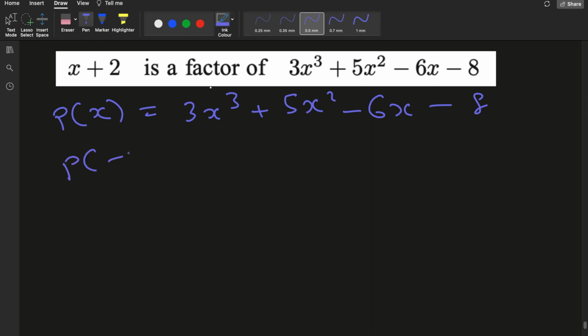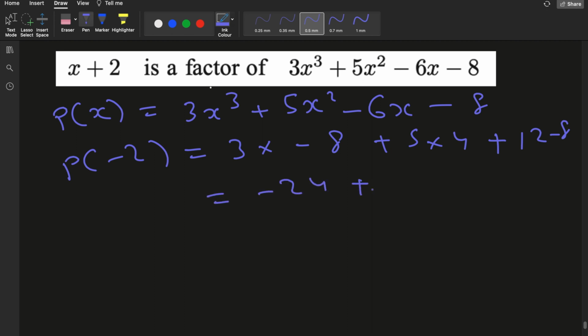So p of minus 2 equals 3 into negative 8 plus 5 into 4 plus 12 minus 8. So this is negative 24, plus 20, plus 4. So that's negative 24 plus 24. That is 0. So this is also a factor. So x plus 2 is also a factor of the polynomial.